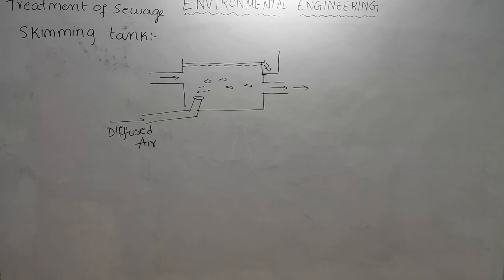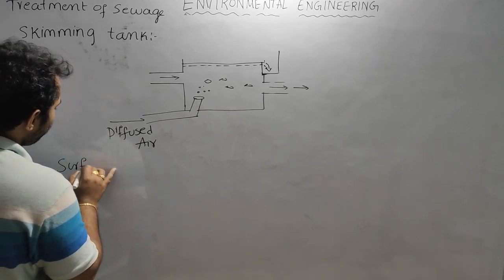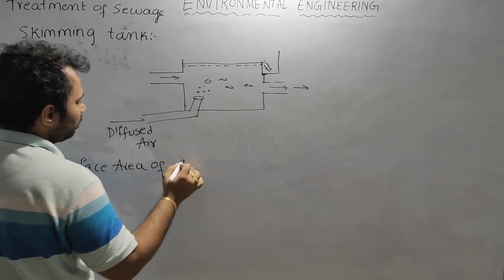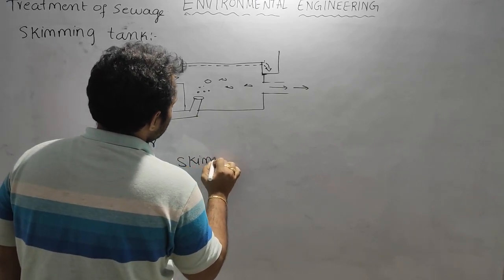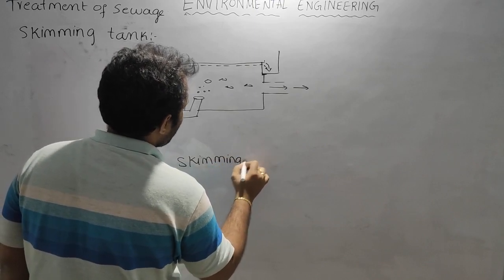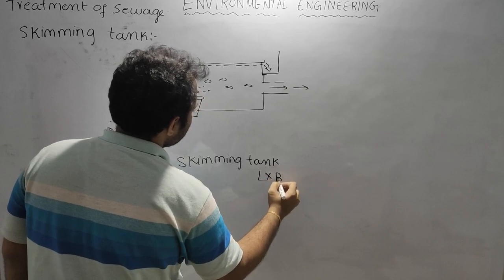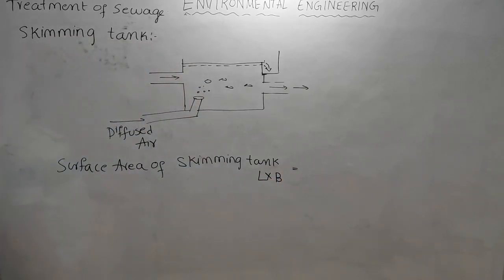If you look at the design of the skimming tank, the surface area of the skimming tank will be rectangular. The surface area, L by B, is taken as 0.00622 Q by VR.